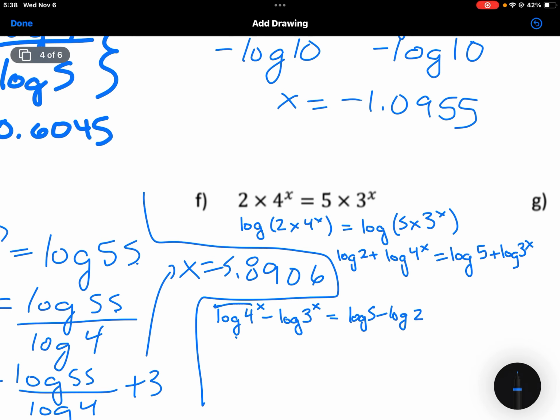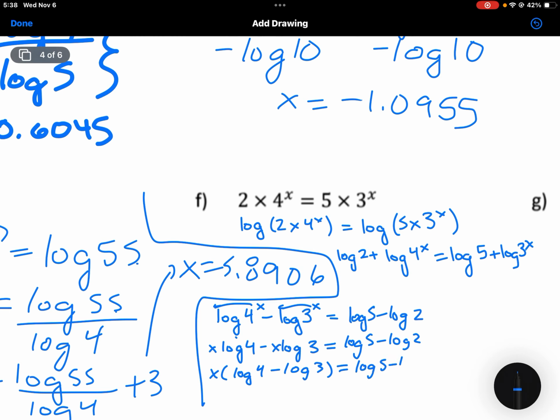I'm going to bring down the exponent here. And that is going to let me factor out the x on the left-hand side. And then log 4 minus log 3 is just a number. So I can divide everything on the left side by log 4 minus log 3.